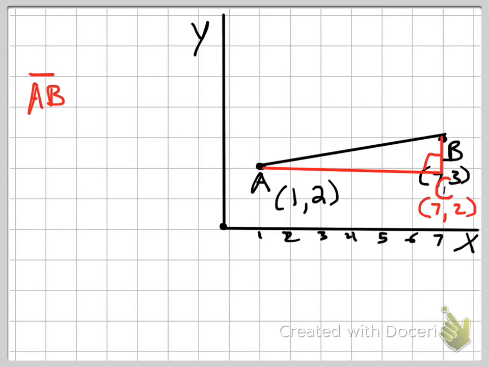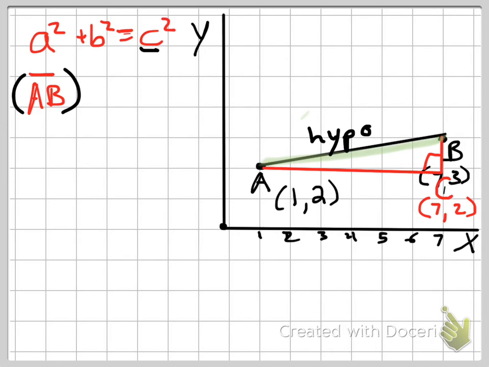The segment AB. Remember, the Pythagorean theorem is a squared plus b squared equals c squared. In this drawing, AB is my hypotenuse. It's the longest side, so it's c.